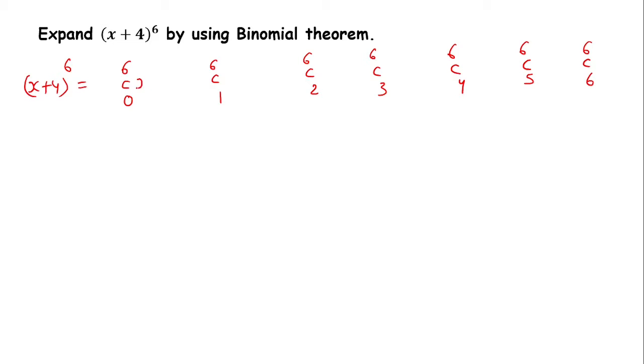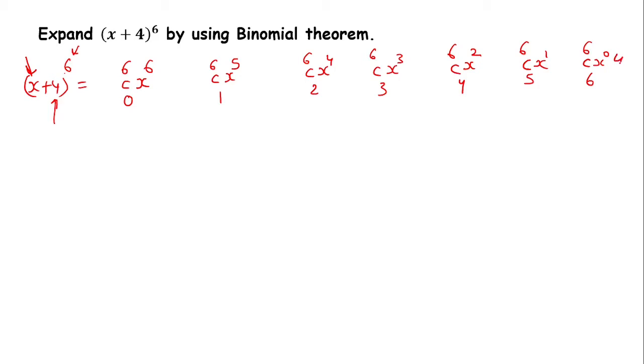We start from x power 6. Why? Because the first number is x and the power is 6. Then x power 5, x power 4, x power 3, x squared, x power 1, and x power 0. Then we take 4, 4 power 6.